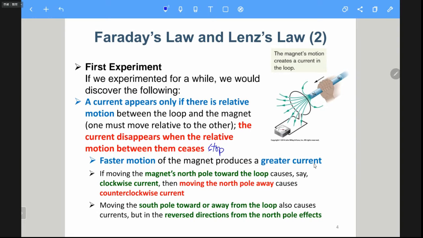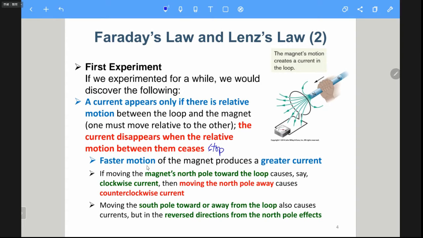So it is different from before. Before, if we have a charge, then it will generate an E field, and if the voltage is large, then the current will be large, which follows Ohm's law. But here, the current itself is related to the motion. If the magnet's north pole moving toward the loop causes, say, clockwise current, then moving the north pole away causes counterclockwise current.